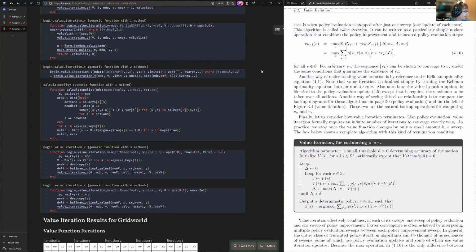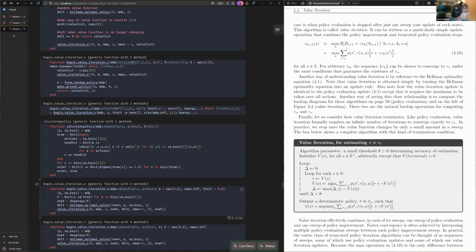But then the value iteration becomes pretty simple. We just compute the Bellman optimal value, and this is written again in a recursive style where we just keep calling this repeatedly until the delta is small enough.